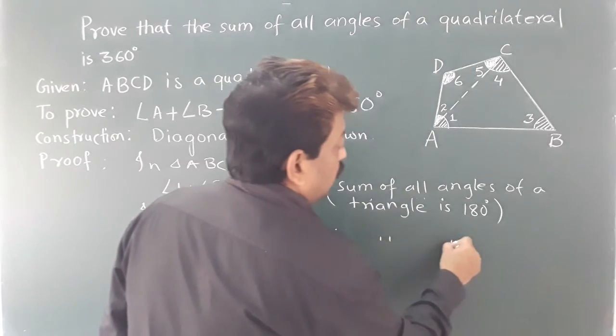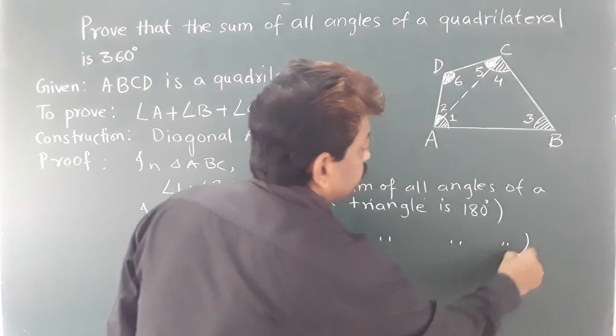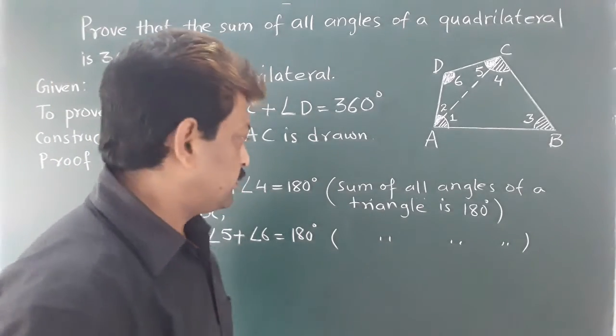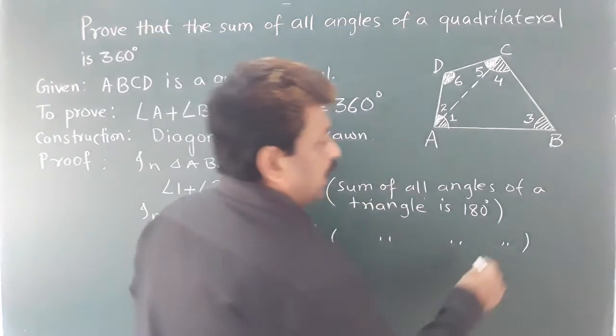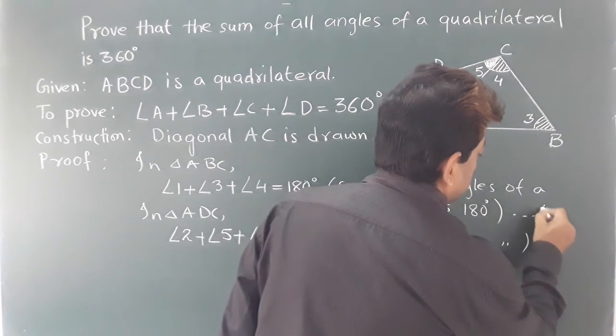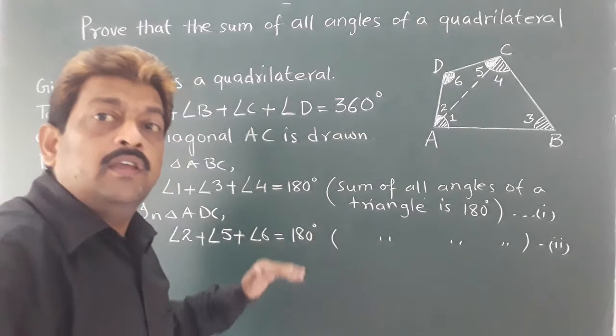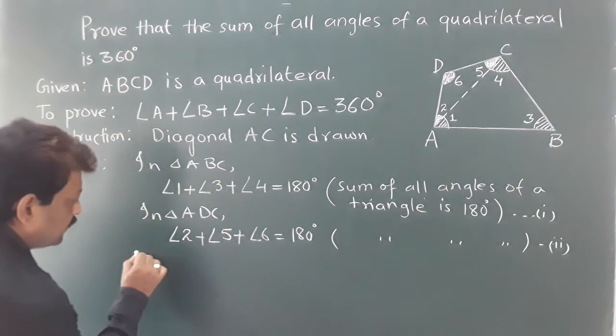There also will apply the same reason. Sum of all angles of a triangle is 180 degrees. Now we have got 2 equations, equation 1, equation 2. So let me add these 2 equations.